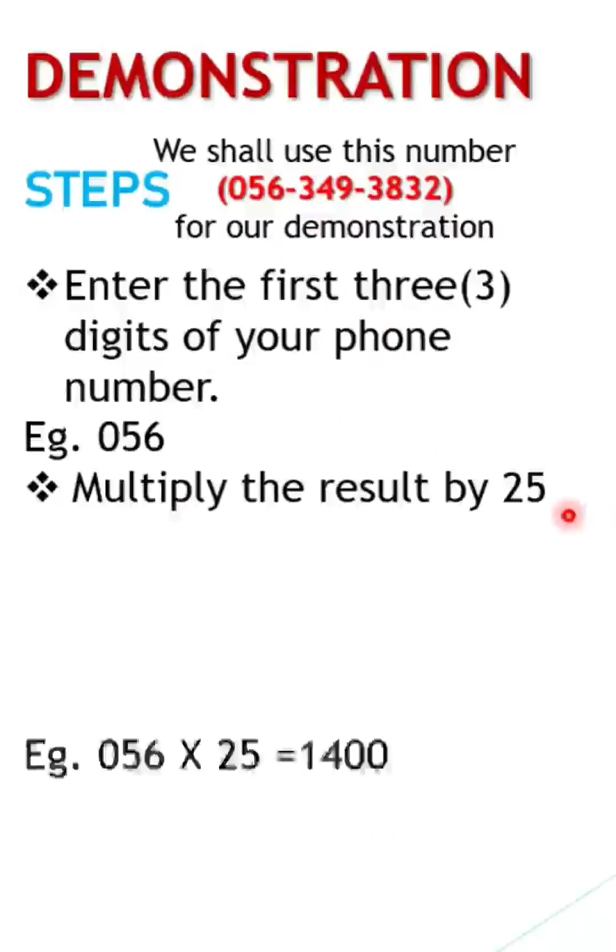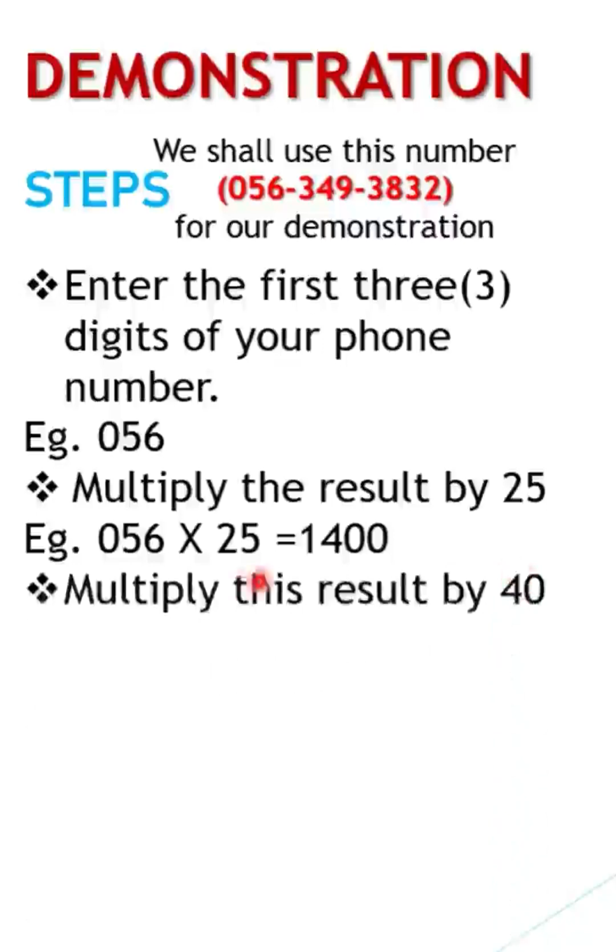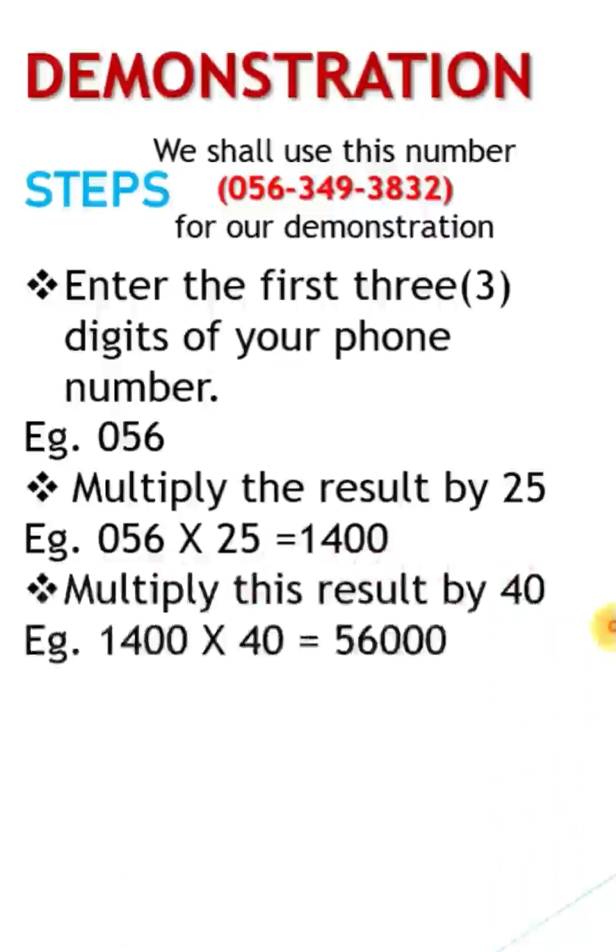Now the next step says to multiply the result by 25. So I multiply 056 times 25, and the result is 1400. Now multiply this result again, the 1400, by 40, and then you are going to get 56,000.